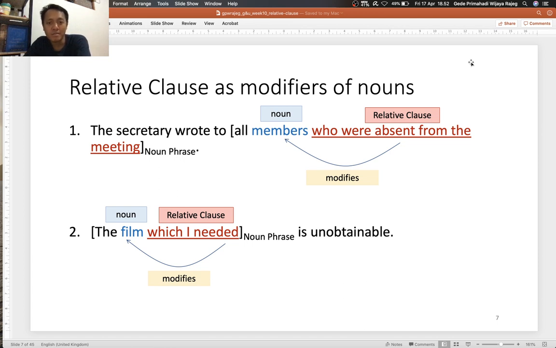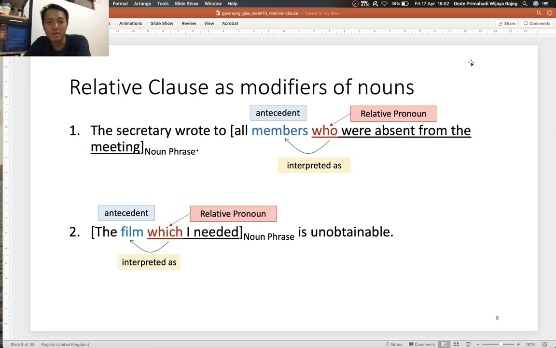Okay, and a relative clause is introduced by the so-called relative pronouns, such as who or which, and these pronouns are interpreted as referring to the head noun that the relative clause modifies. So the noun is understood as the antecedent of the relative pronoun, okay?